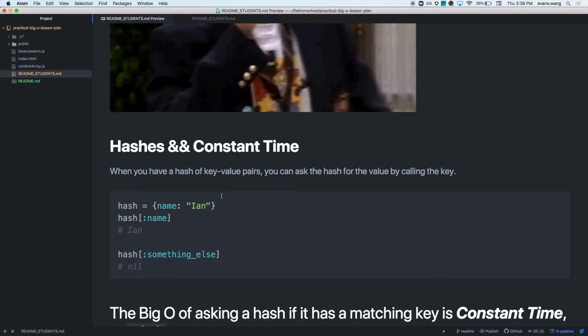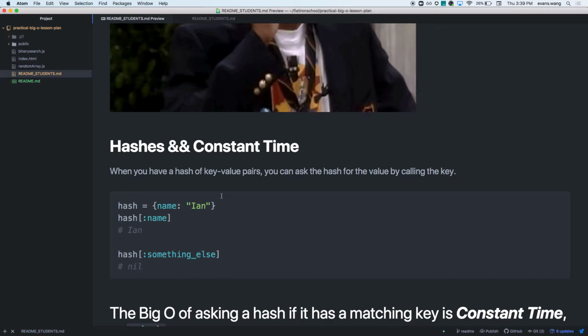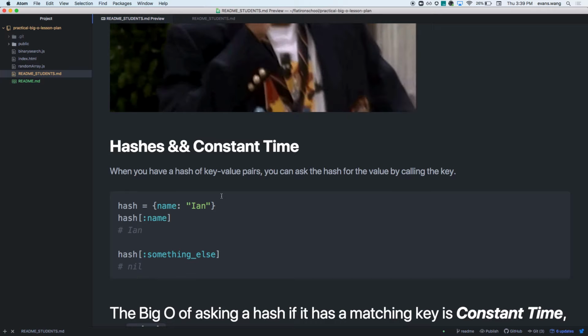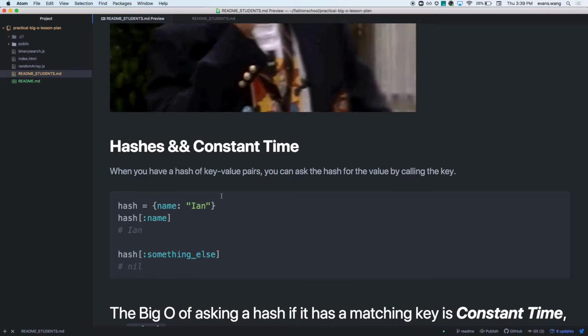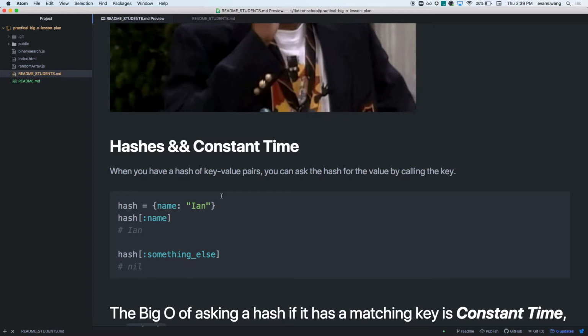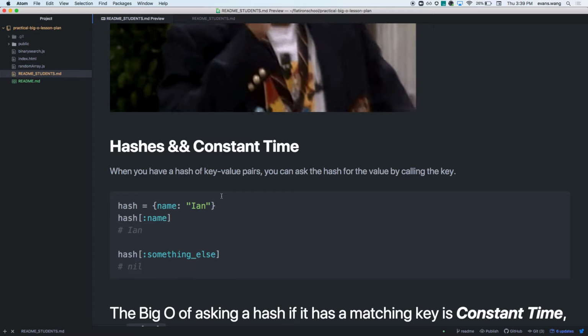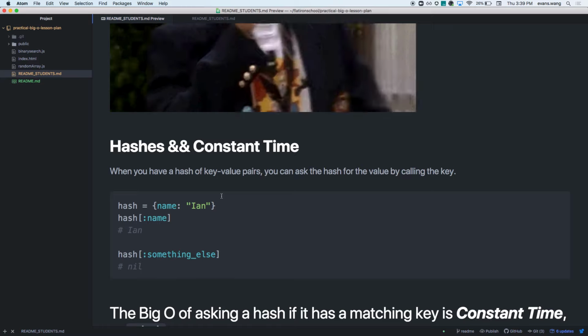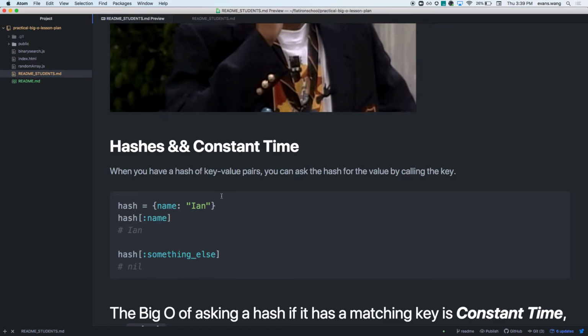If some process always takes the exact same amount of time, that is known as constant time. So for example, if I were to tell you it doesn't matter what number I give you, how long will it take you to calculate minus 1?